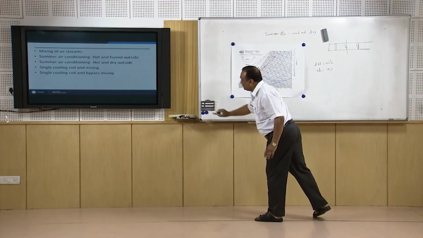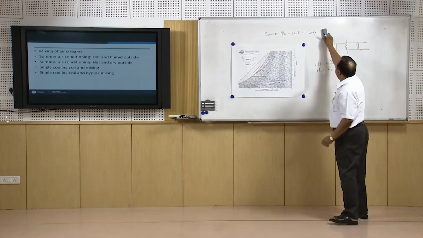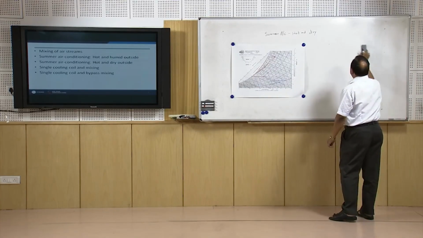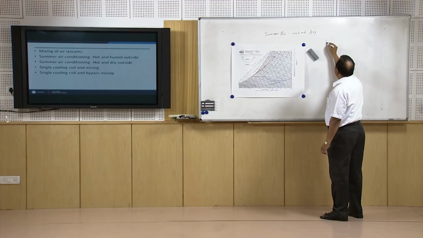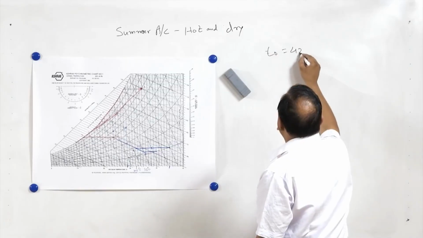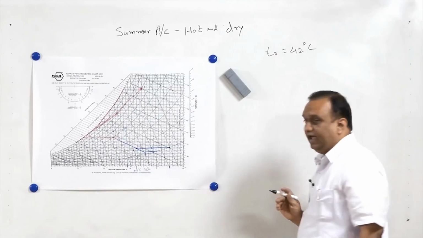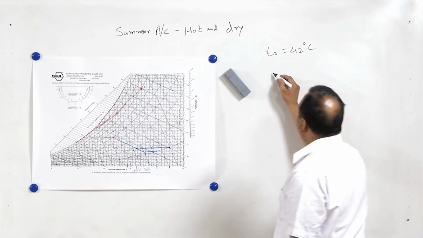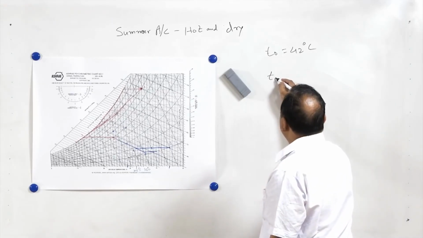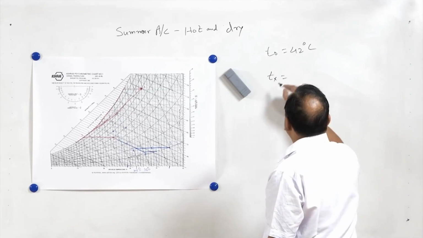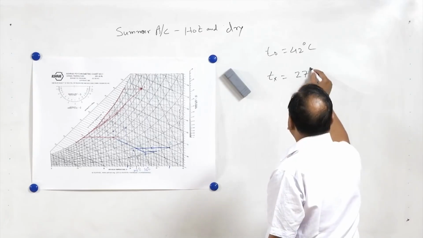So, here mixing of a stream comes into the picture. Outside air is at 42 degrees centigrade. Air which is leaving the room, let us say Tx, is 27 degrees centigrade.